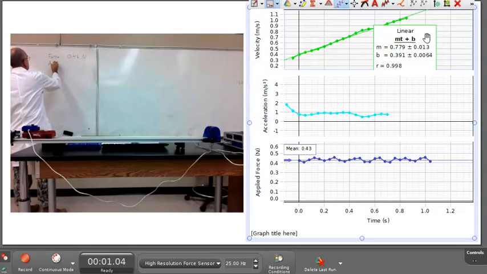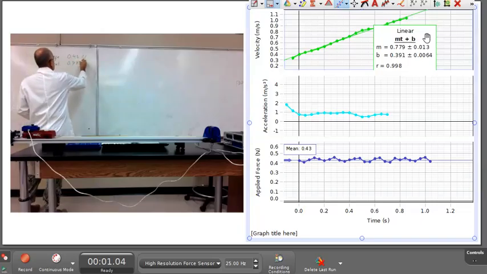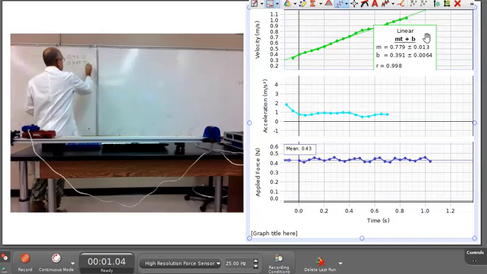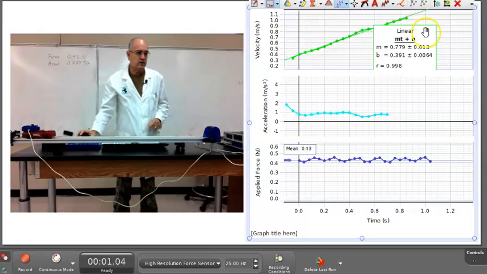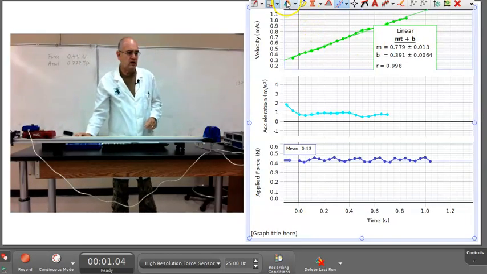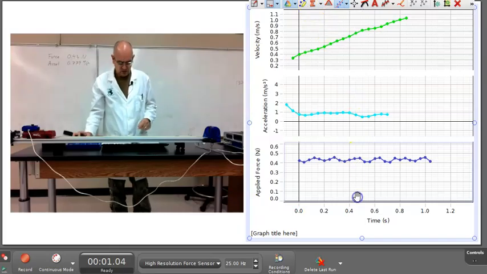So the acceleration is 0.779 meters per second squared. Okay, now we're going to turn that on persistent, so the display will show the old display as well. Let me turn off the stats function there.